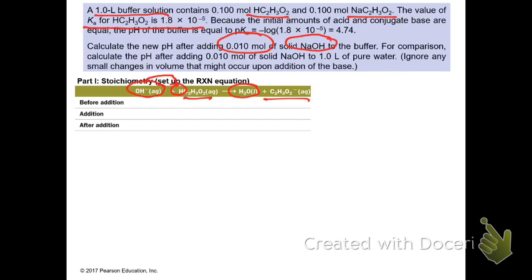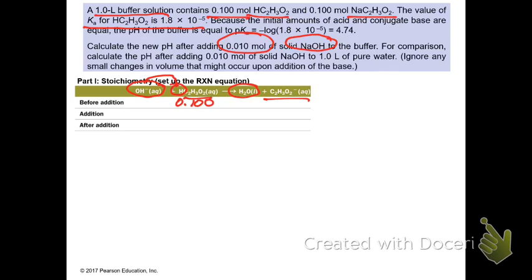So before the addition of the sodium hydroxide, which is the base, the amount of moles of the acetic acid is 0.100. So we're going to write that down here, 0.100. And we don't care about water because it's in liquid state.